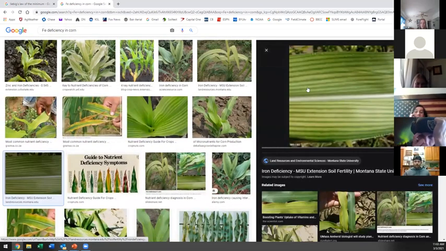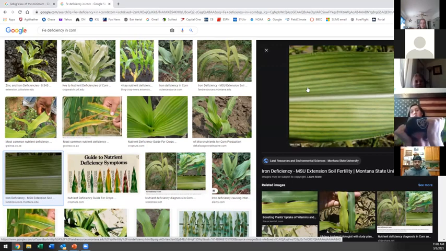One of the things that we do is we can do analysis on the leaf tissue, and that helps us greatly to diagnose what the problem is. Because to be quite honest, I've been doing this for 20 years. I can't look at a corn plant and tell the difference between a zinc, a manganese, an iron, or a copper deficiency. They all look the same to me.